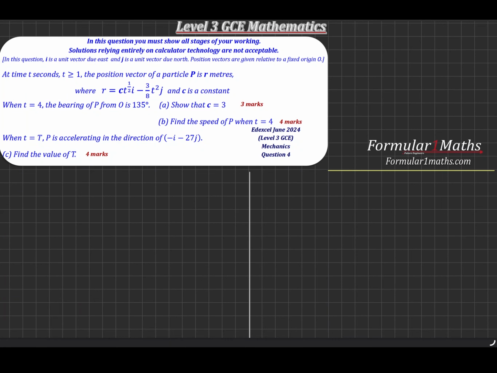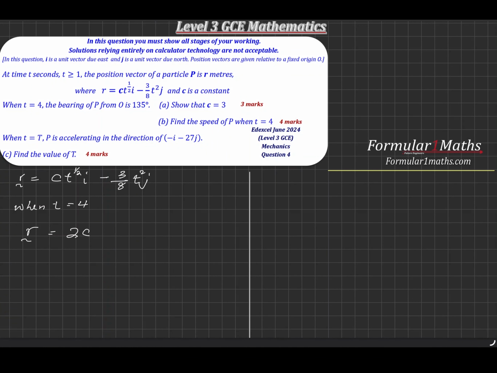So we know that r is equal to c t raised to the power half i minus 3 over 8 t squared j. When t is equal to 4, r is equal to 2c, because 4 raised to the power half is the square root of 4, which is 2.